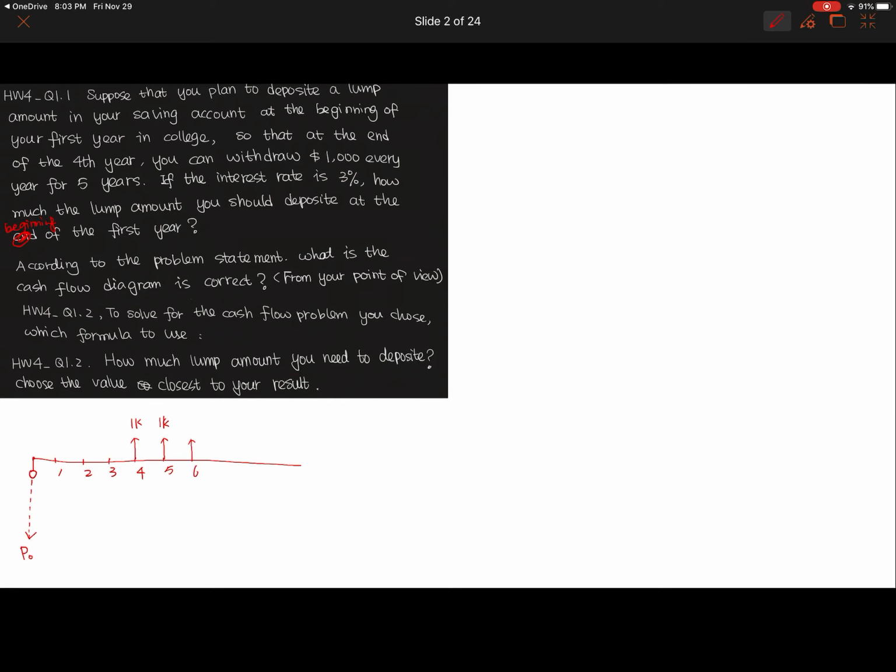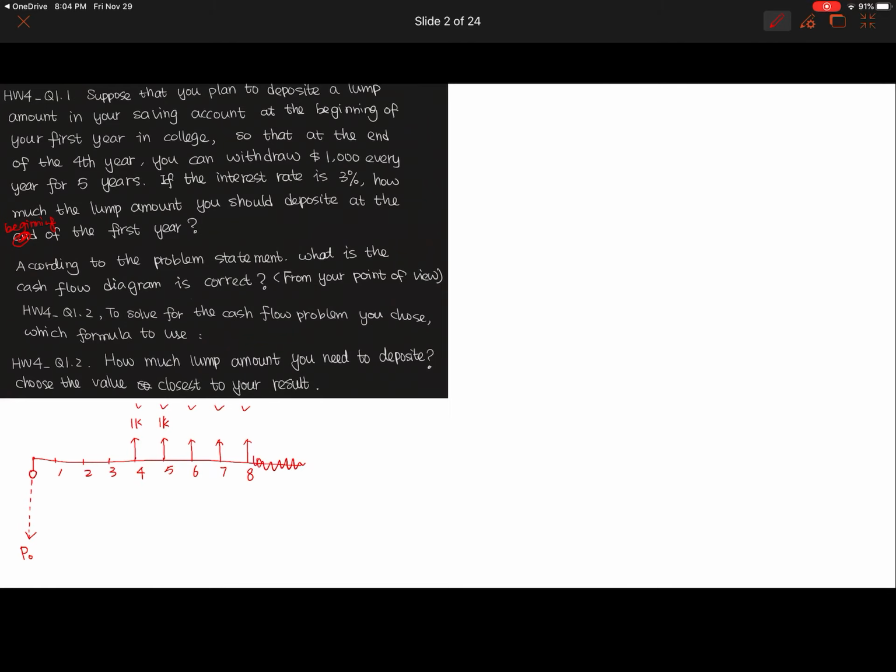And at the end of the 6th year, the same thing, the end of the 7th year, the end of the 8th year. So you're going to withdraw continuously for 5 years, starting from year 4. That's your first withdrawal, second, 3rd, 4th, 5th. So your timeline is from 0 to the end of the 8th year.